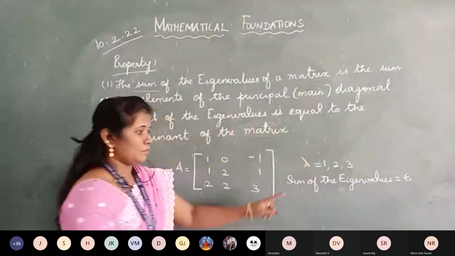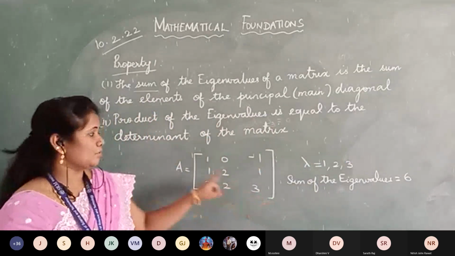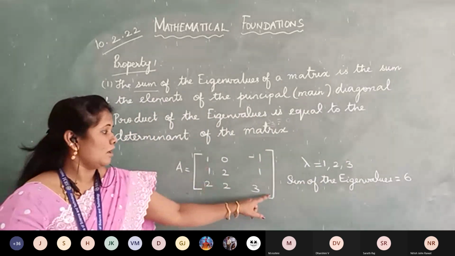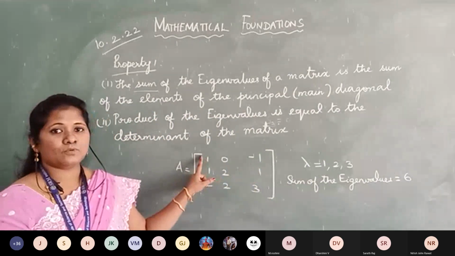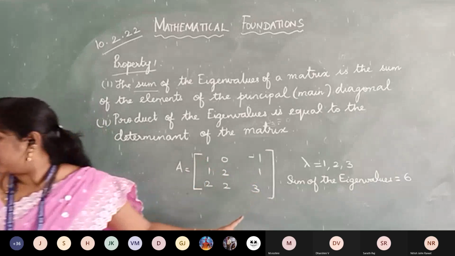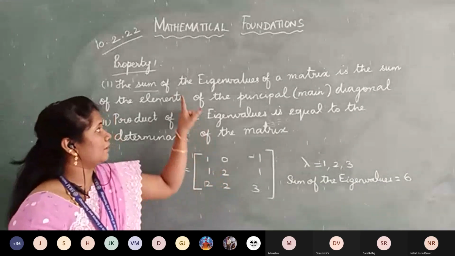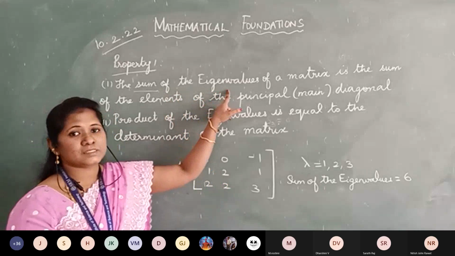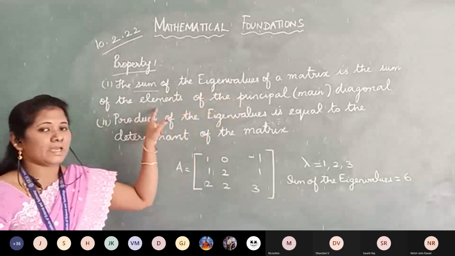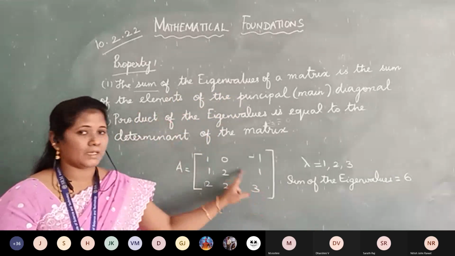The sum of the eigenvalues is equal to the sum of the elements in the main diagonal. That is what we have written.